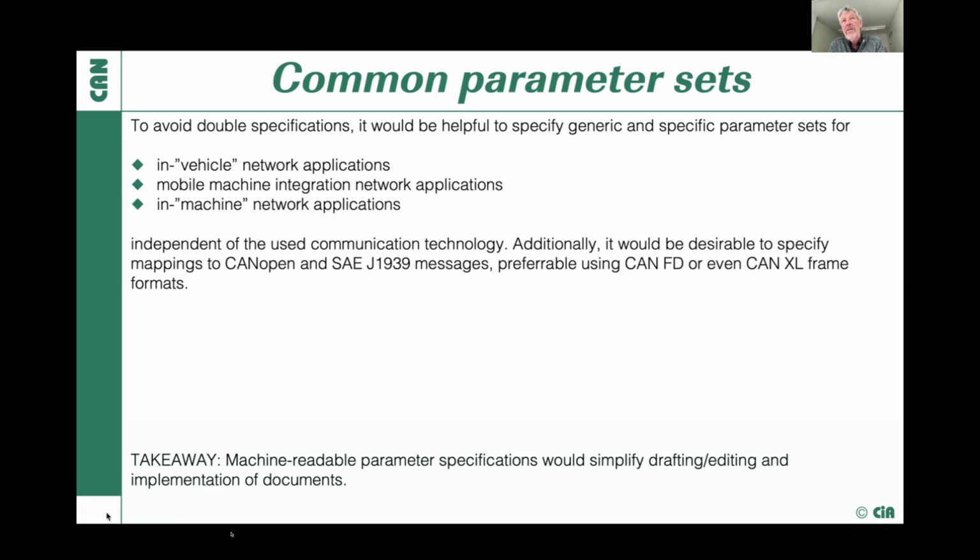The ISOBUS has a data dictionary. J1939 has a data dictionary. This would be easy if they were written in a better way. Then we can really easily use them with some tools to generate software from that. But today, this is a nightmare because the formats are quite different, and there is no common description of those parameters.